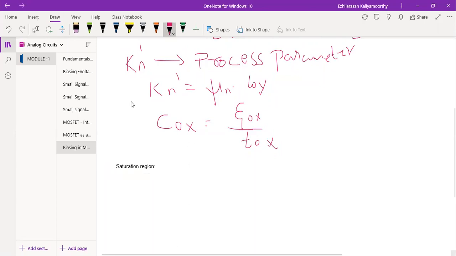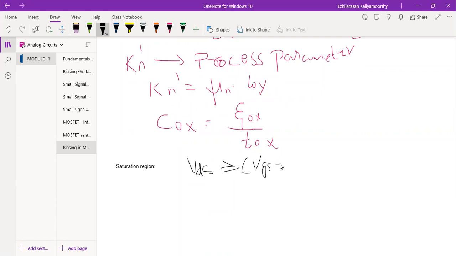As we know, the saturation region condition is VDS should be greater than or equal to VGS minus VT. This is the condition to operate in the saturation region. When you operate there, what is the drain current equation like? Let me write the drain current equation.